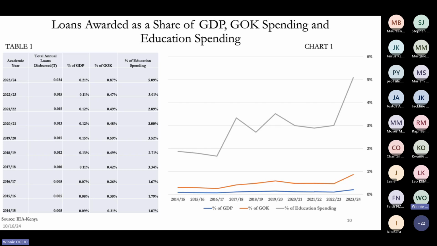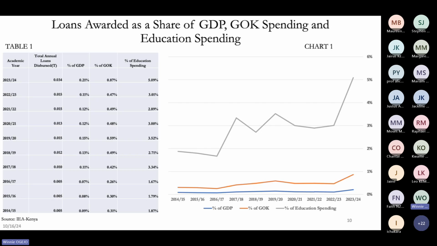Given the data shown on Table 1, that has also been increasing, because in 2023-24, for every 100 shillings that the government has spent, 87 cents has been spent on loans for higher education.